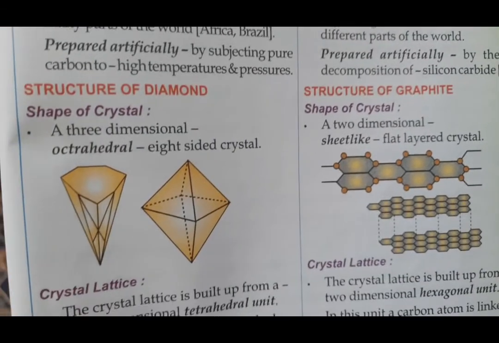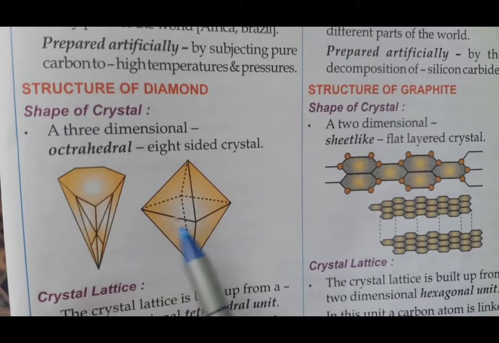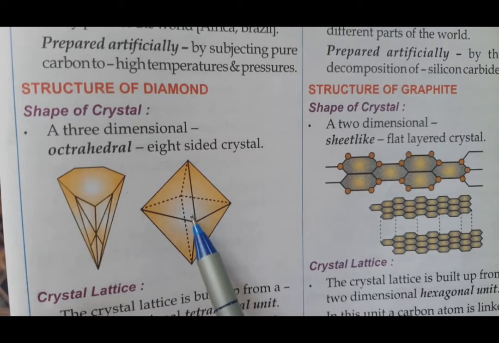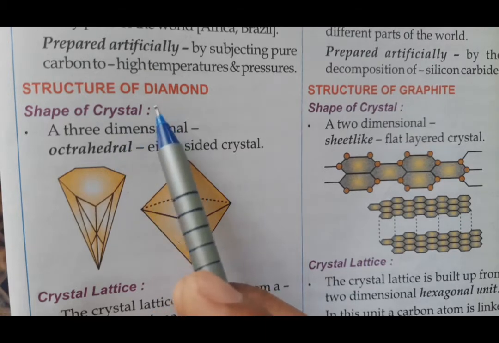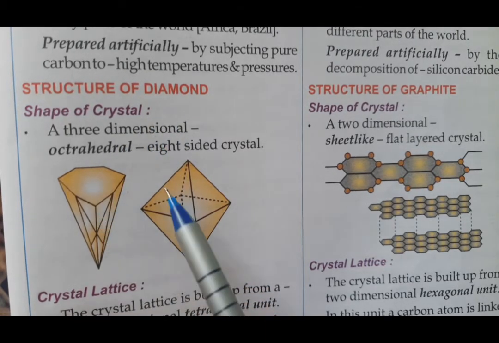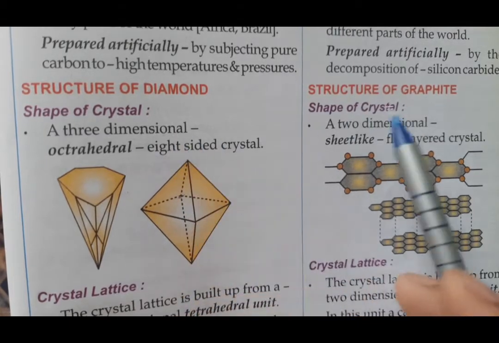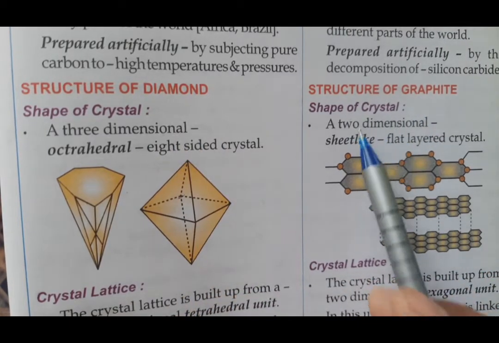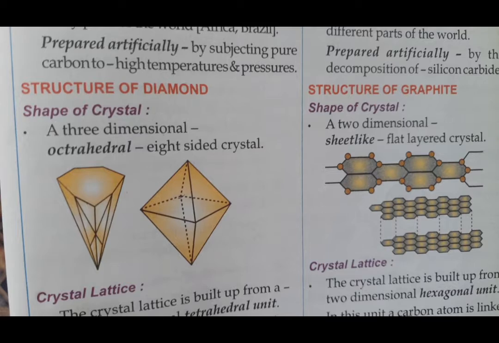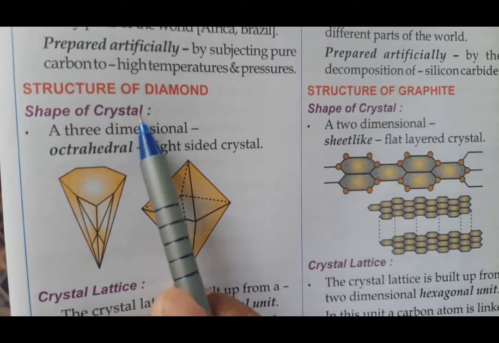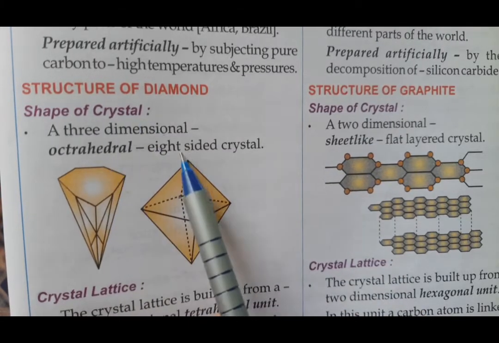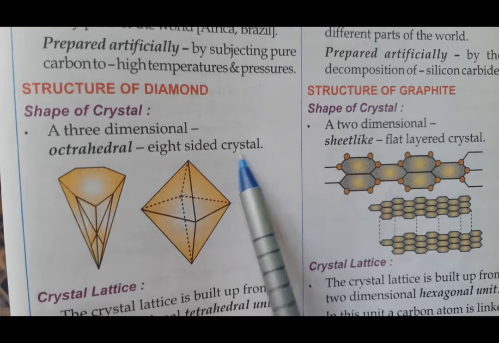Now we go to the structure, students. This structure is called octahedral structure. So do remember objective questions from here. Diamond has a three-dimensional structure, that is 3D, whereas graphite has a two-dimensional structure, that is 2D. The shape of diamond is referred to as octahedral, an eight-sided crystal.